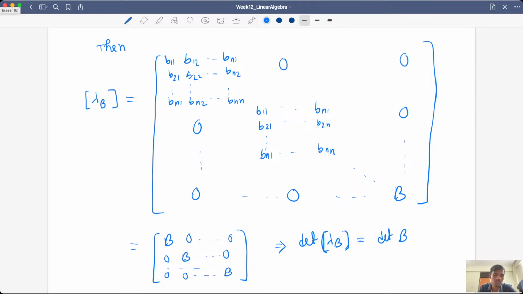Each one has determinant det B, and there are n such blocks, so it is det B to the power n.